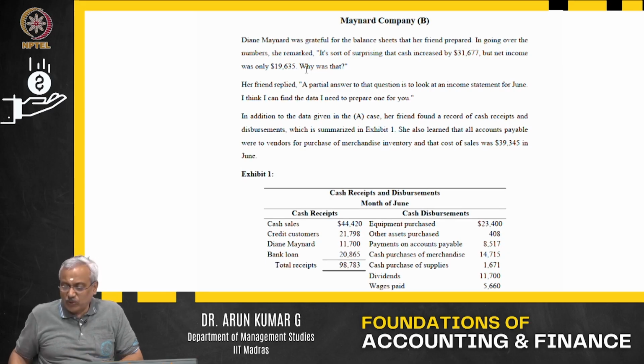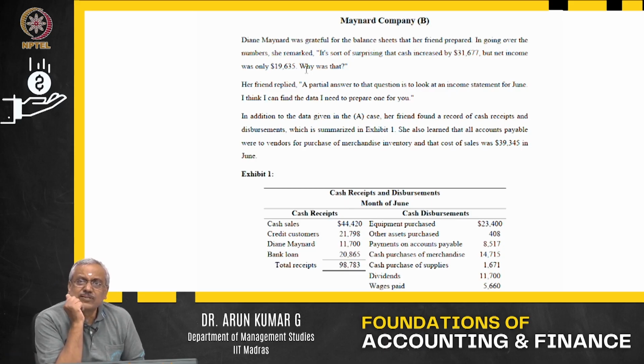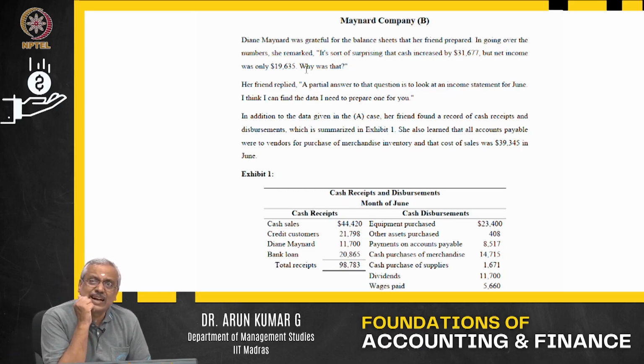Are there any accrued expenditures where the cash has not gone out? Or is there any advance income received? Because of that, your cash balance is high, whereas your profit is not high. There are accrued expenditures which you have not paid, so the cash is high. It can be any reason. We will see how it happens here.